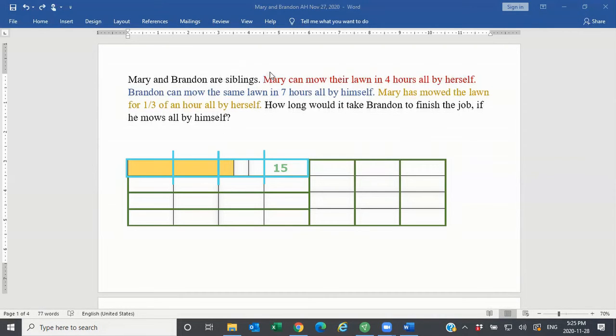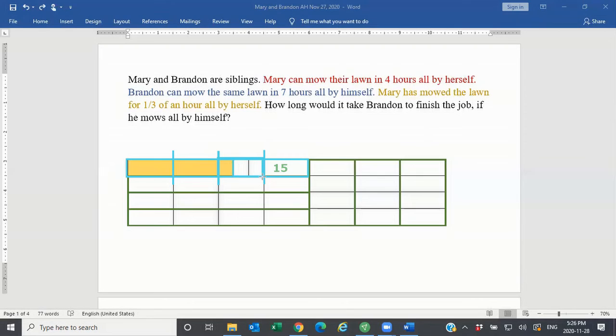But this area here, it's not 1 cell that's left for mowing. Mary has already mowed 1/3 of it, so there are 2/3 left. 2/3 of 15 minutes. If we were to take 15 and divide it into thirds, we would get 5 for each third. So it would take Brandon 5 minutes to mow each third.